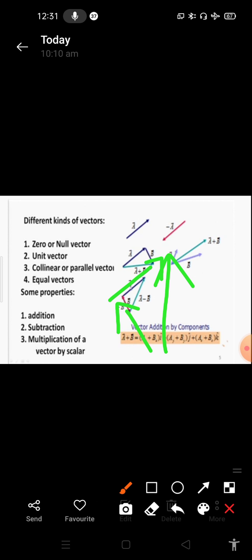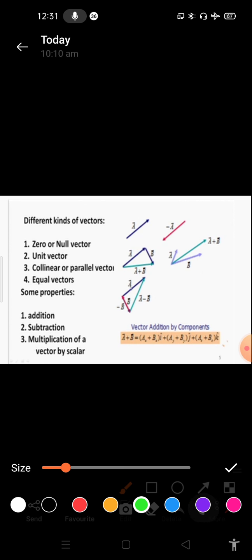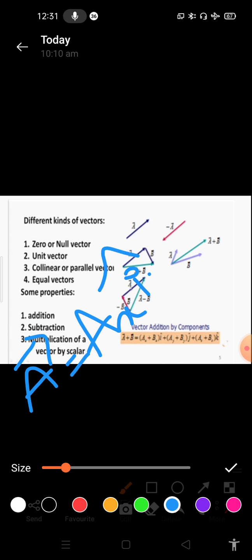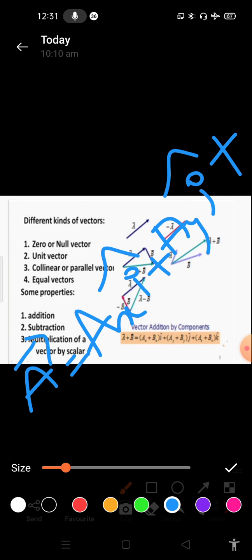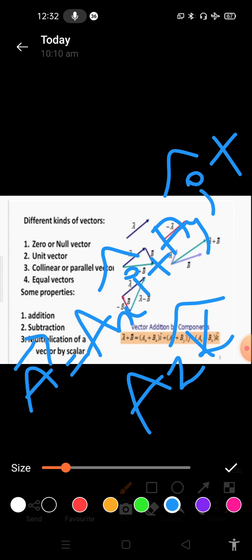Okay, and see this, these are some of the properties of vectors. Vector addition: for example, the vector A bar is equal to AX I cap plus AY J cap plus AZ K cap. This is the vector A representation.